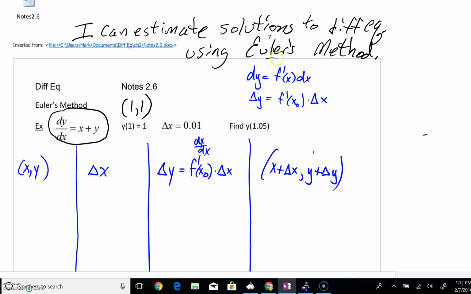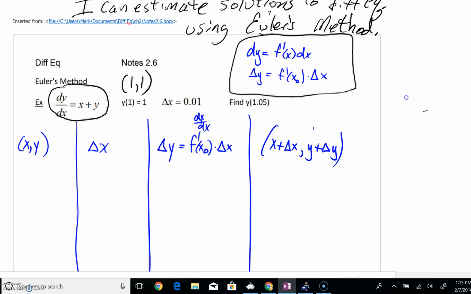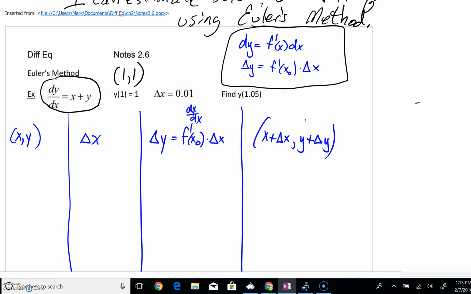You can really remember, as you see at the top of the screen, that essentially Euler's method is working with this differential, that dy was equal to f prime of x dx. It's just that dy we could say is approximately delta y, and where we have dx we could put in delta x. And what you do for Euler's method to get these estimates, you pretty much go through this table.